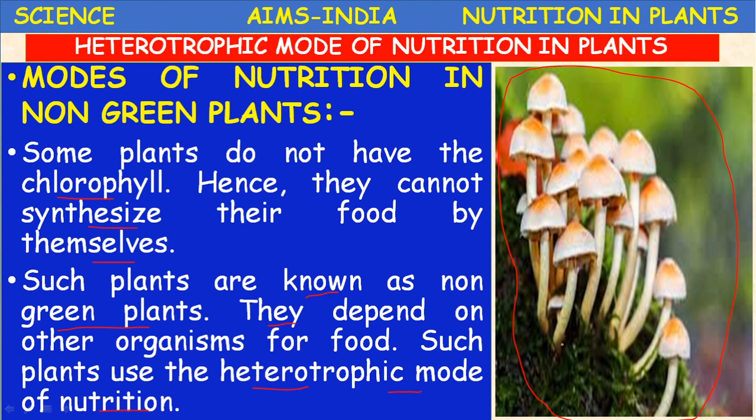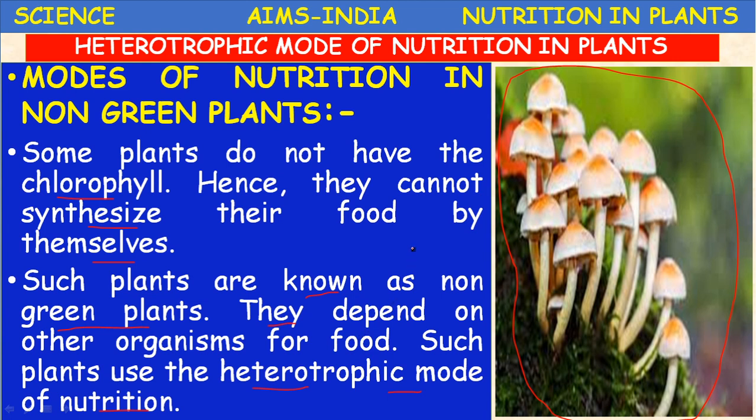They absorb the nutrients from the decomposed organic matter. So they are also called saprophytes. We are going to discuss different types of heterotrophic nutrition in plants.